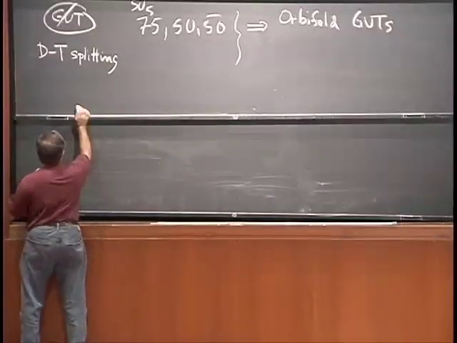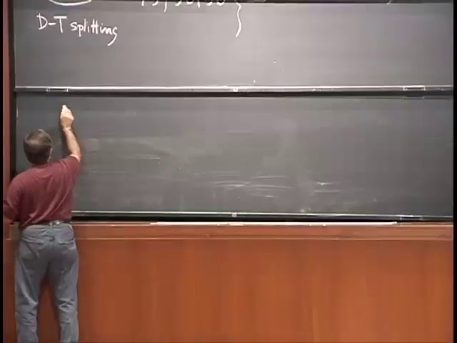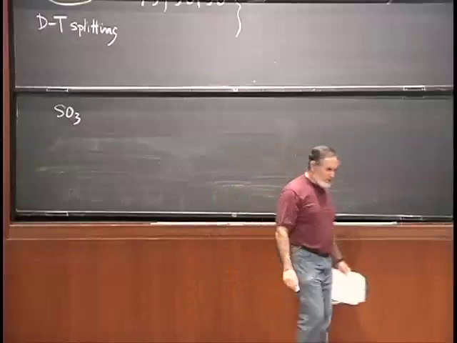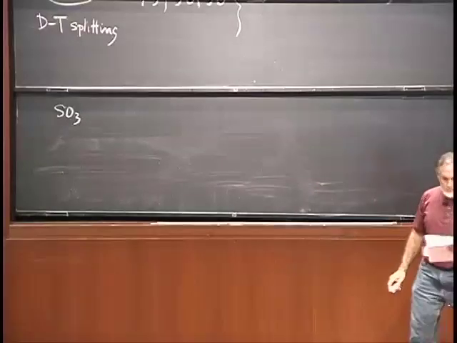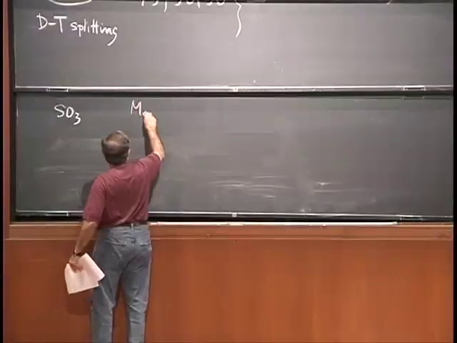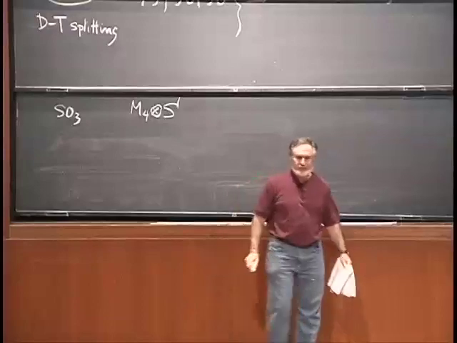So let's imagine that we have a theory which is SO(3) gauge theory, and I'm just going to discuss the gauge sector of the theory. And it's going to be defined on a circle which is Minkowski space. What I mean by a circle is Minkowski space cross a circle.